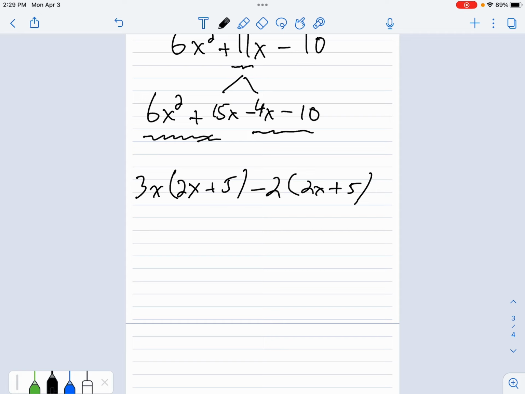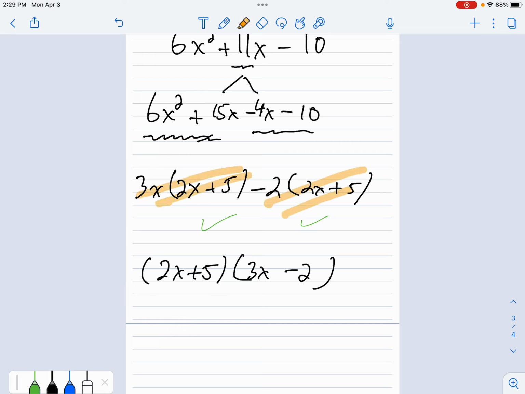The next step is to factor out the common part, 2x plus 5, and write down what you have left: 3x and minus 2. A lot of people think of this as just writing down the common part, 2x plus 5, and then writing what's in front of each term, 3x and minus 2, and that's it. So that's how the factorization goes.